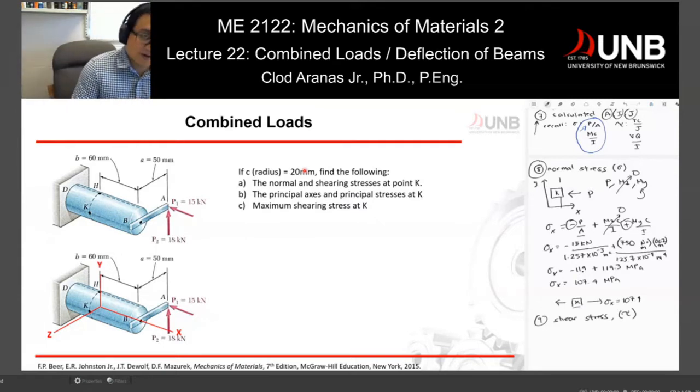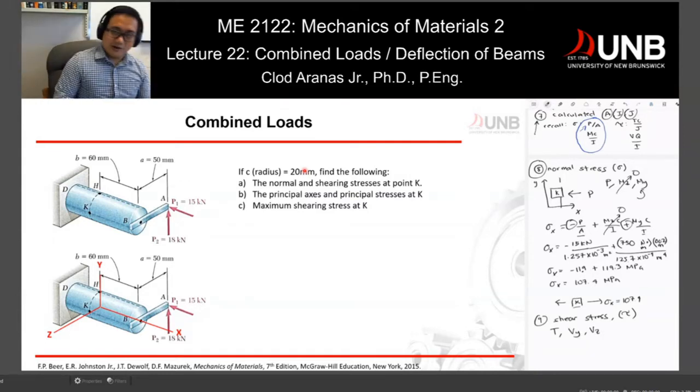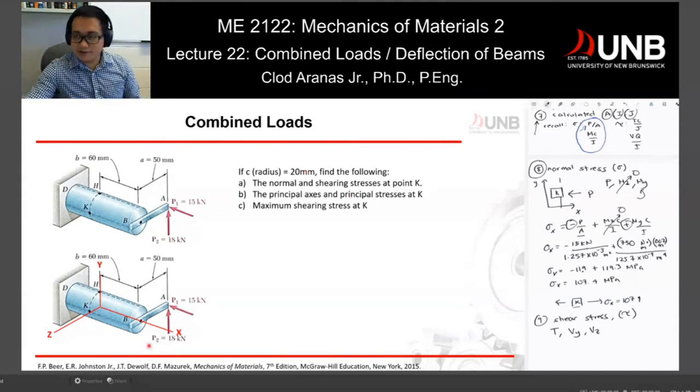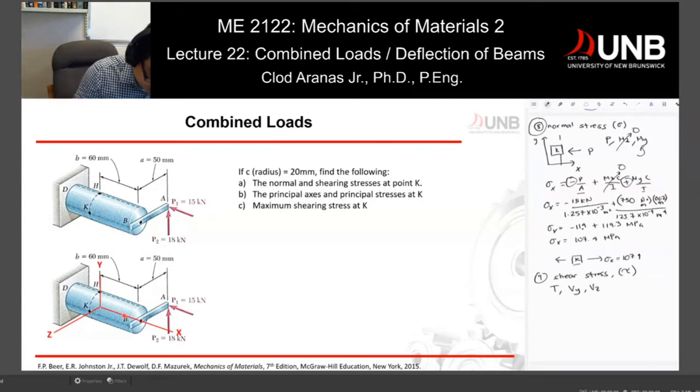Now for shear stress, you are looking at your torque. You're looking for V sub Y and V sub Z. Now, let's analyze this section here. It's the three-dimensional. Now, our torque is counterclockwise looking from the positive value of X. So it's counterclockwise, which means if I'm looking at my cross-sectional area, so let's say this is Y and Z. So my torque is like this.